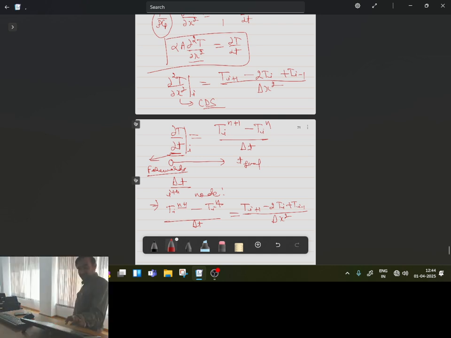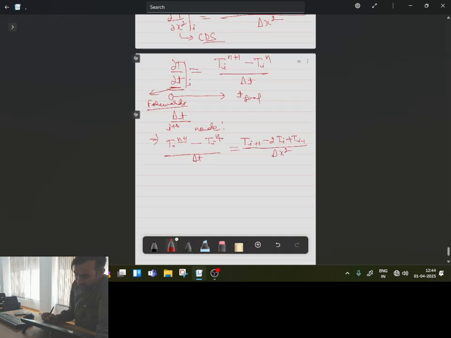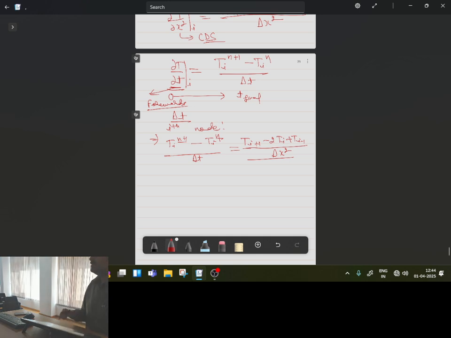Whenever I am using time levels on the left hand side and my problem is transient in nature, what is the meaning of transient nature? You can see that with time the value of temperature at different locations is changing. So whenever you calculate the right hand side, you have to decide at what time level you are evaluating all these numbers.